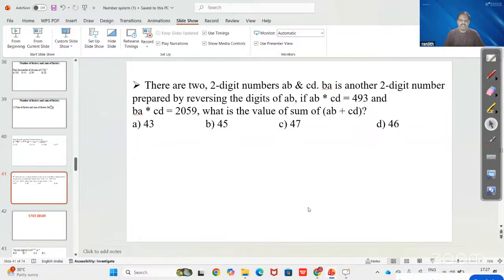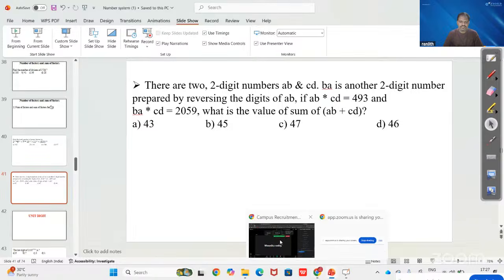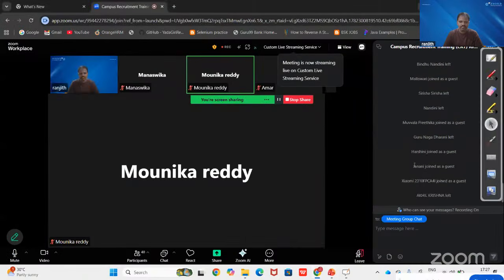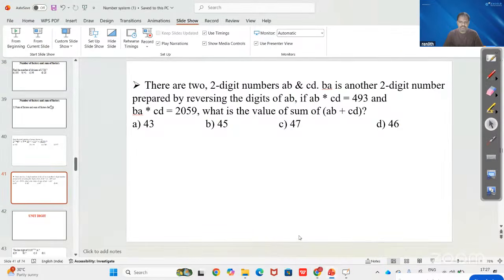So what is the answer for this one? Option D, sir. Yes, answer is D.